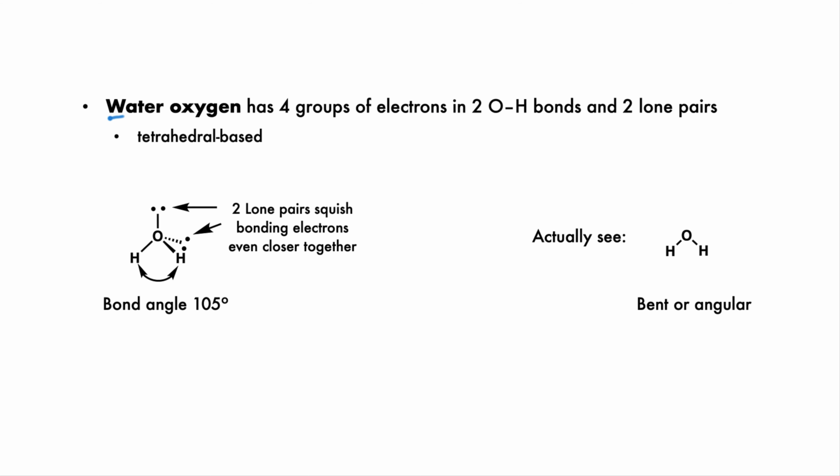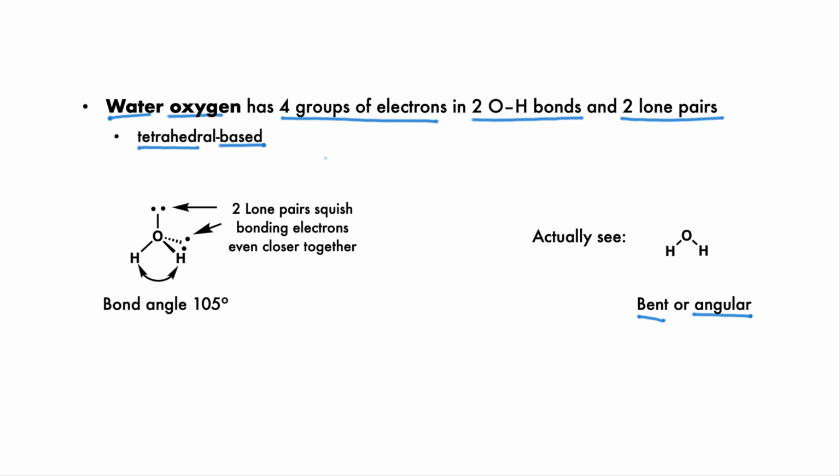Water also has 4 groups of electrons and 2 single OH bonds and 2 lone pairs. It's also a tetrahedral based geometry. Experimentally, you see a bent, sometimes called an angular geometry.